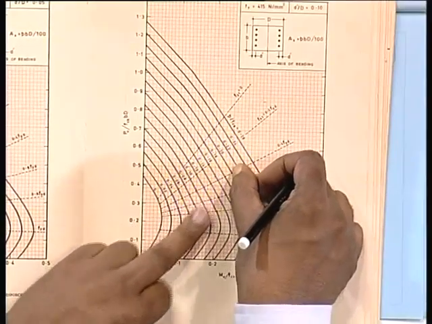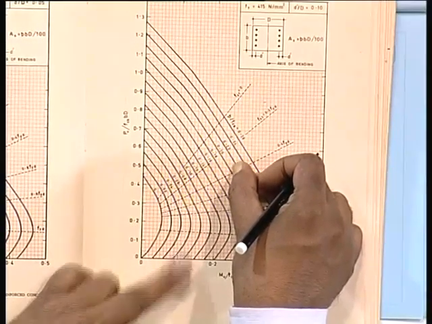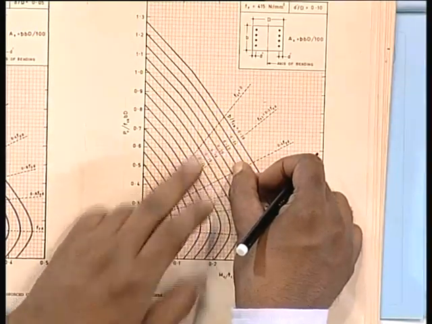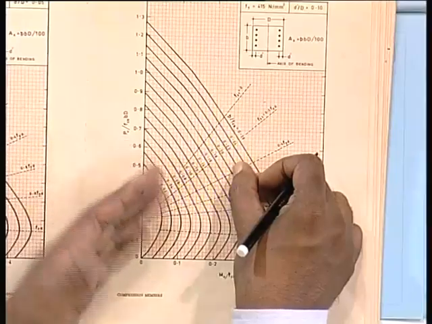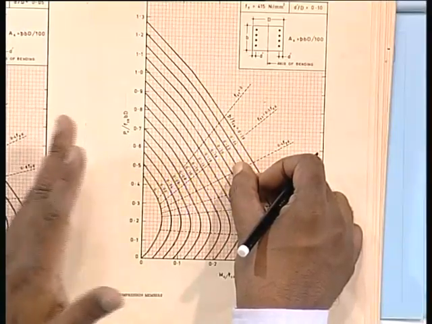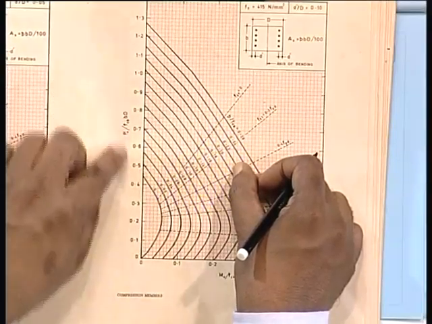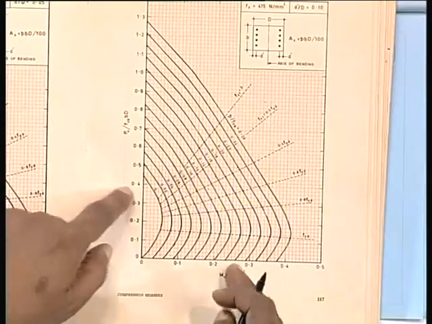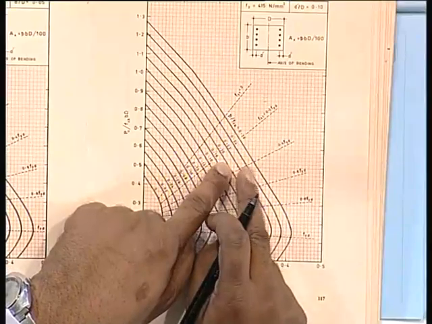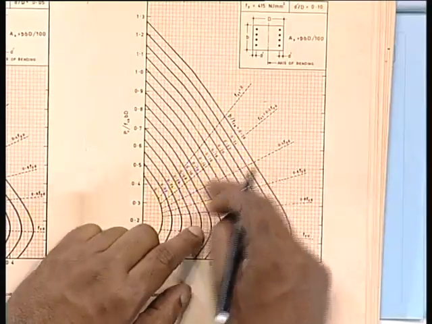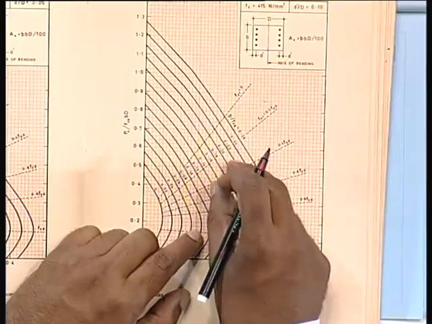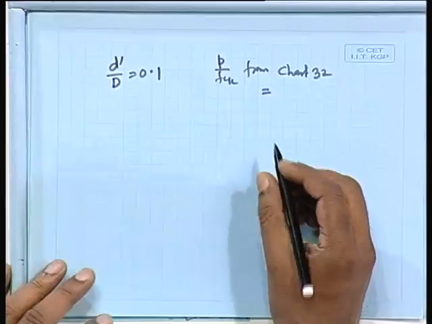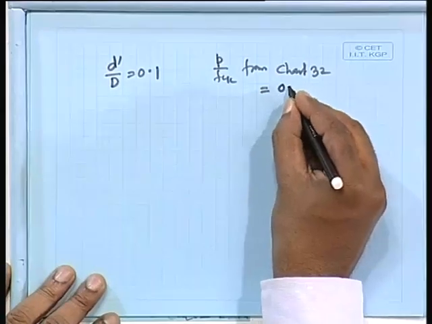Somewhere it comes here, and as per my estimation it comes between 0.2 and 0.22. Please refer to chart 32, and you have to find pu by FCK BD in this direction, mu by FCK BD square in this direction. You will get a point, that is P by FCK. If it comes in between, you estimate the value. So I have got P by FCK equal to 0.218.